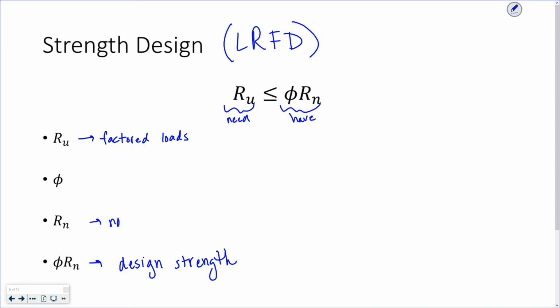RN is our nominal strength, and we decrease it by our phi factor, which is usually less than or equal to 1. So we need a certain amount, we have a certain amount, what we have better be more than how much we need.